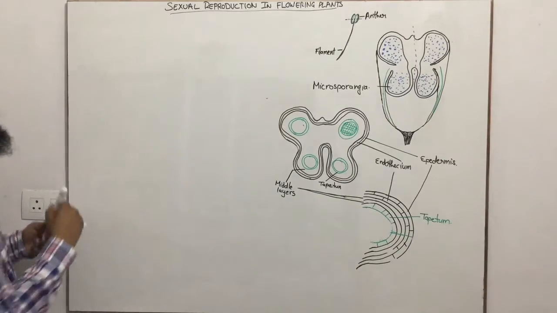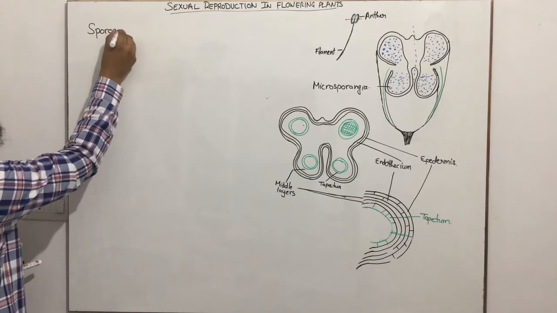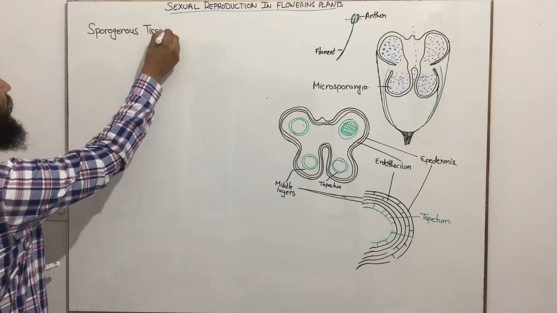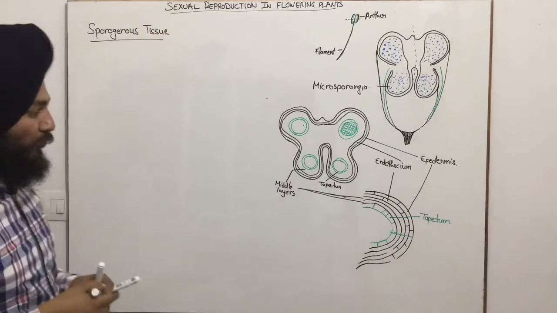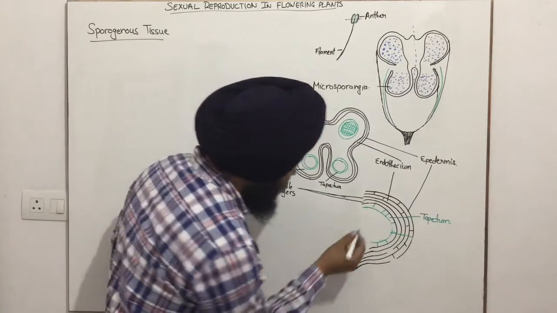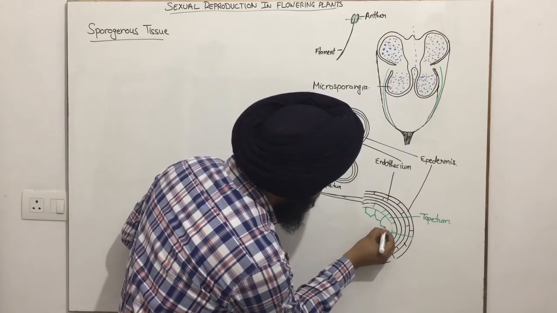So next we have the sporogenous tissue, and sporogenous tissue is located at the center of the microsporangium. So here we have the cells of the sporogenous tissue.